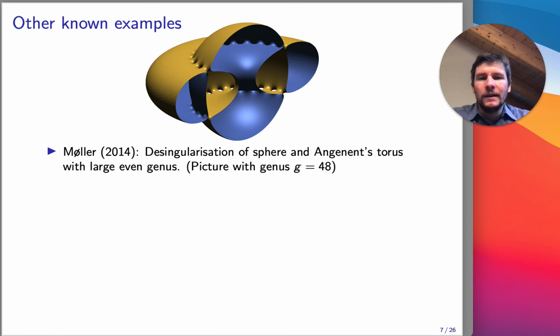Again, it's not clear what the lowest possible genus is for which this works. The numerics work down to about genus 12, and then the numerics seem to break down, but it's unclear whether this is just an artifact of our numerics or whether they really don't exist for low genus.